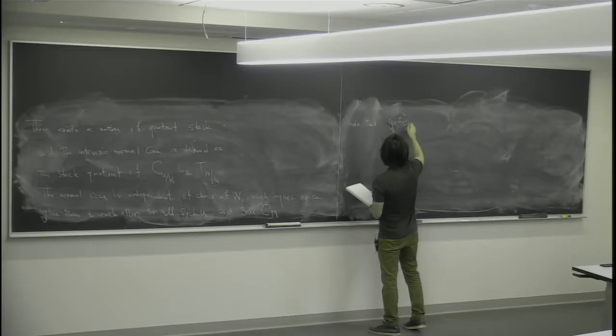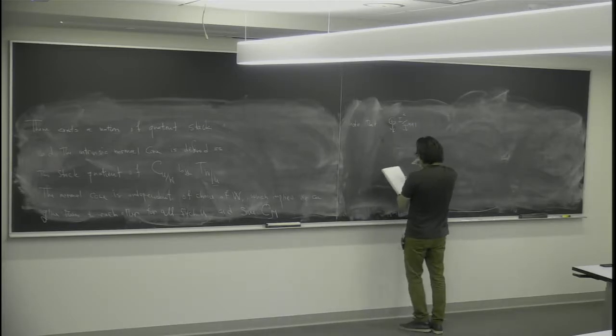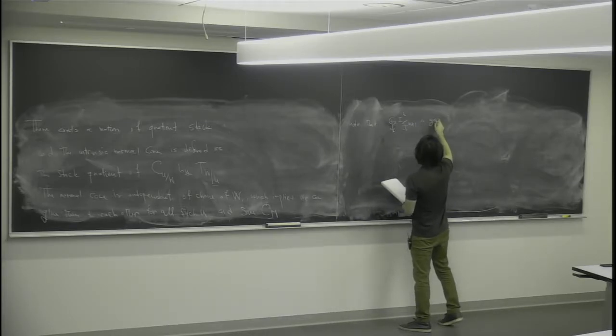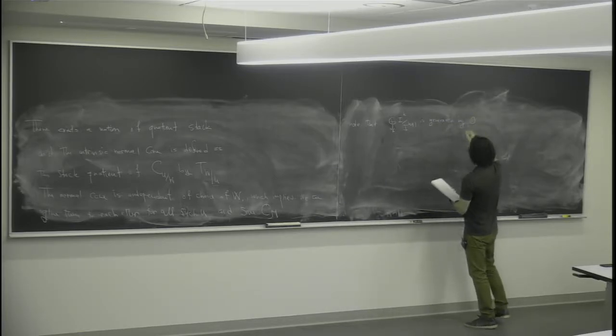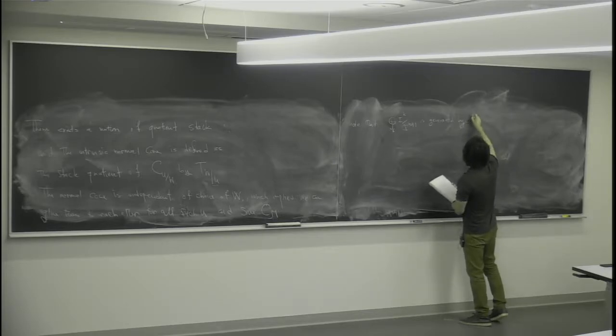Take all of these things, symmetrically multiply and put elements in here, and that's a surjective map. So you take the spec of this thing, and it injects inside E.